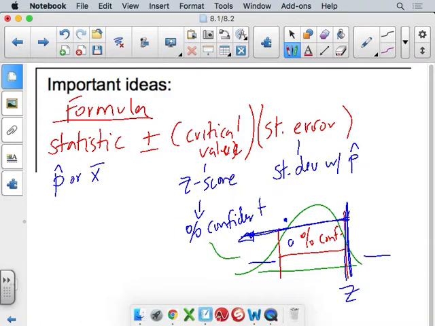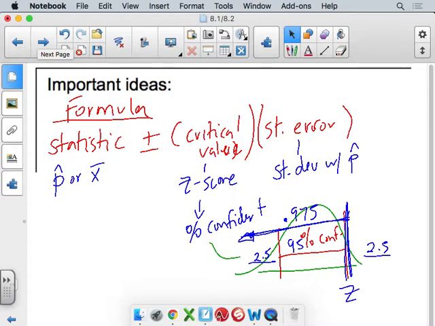So our example was if it's 95%, there's going to be 2.5% on the edges, so it's going to be 0.975. That is what you're looking for. Cool, so that's an example.